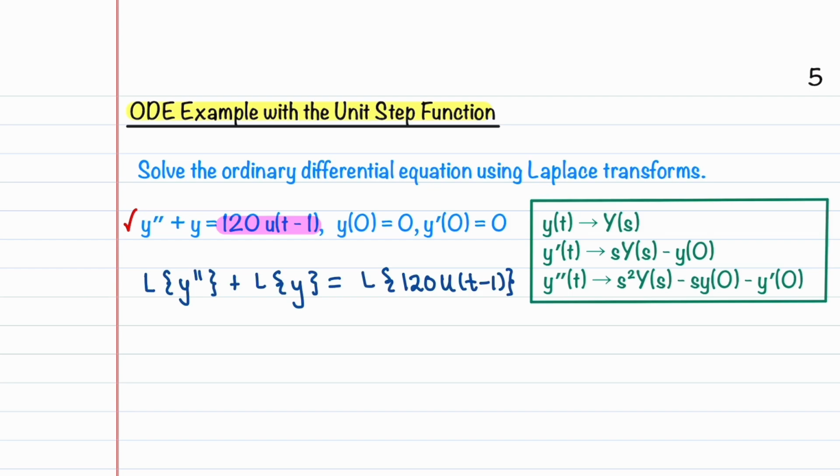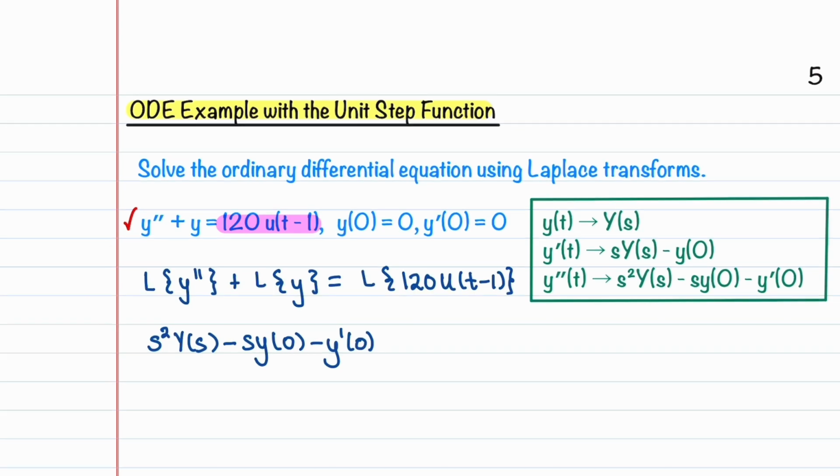We have y double prime, so this is s squared capital Y of s minus s little y of 0 minus little y prime of 0. Those are our initial conditions.